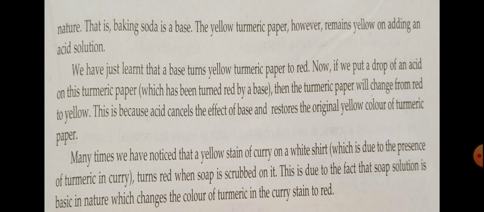And we use turmeric in each and every vegetable while cooking. So if a drop of any cooking vegetable falls on your cloth, then when your mother washes it with soap, the yellow color turns red. You can see this example in your home.